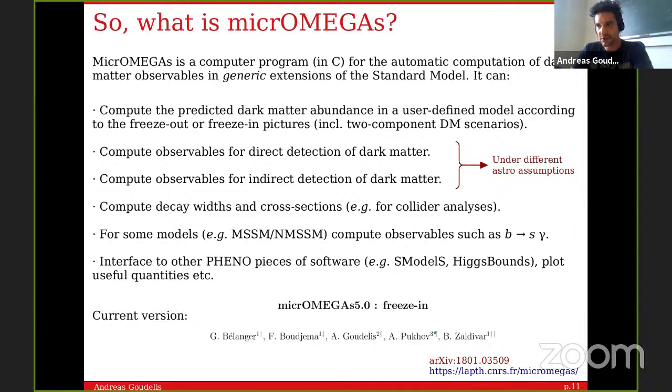These are not generic features. They are a little bit more model dependent. And it comes with interfaces to other phenomenological pieces of software, such as models, which is used in collider analysis, and HiggsBounds to test your Higgs sector. It can be used to plot useful quantities and so on. The current version of the program is micrOMEGAs 5, which came out about 3 years ago now.